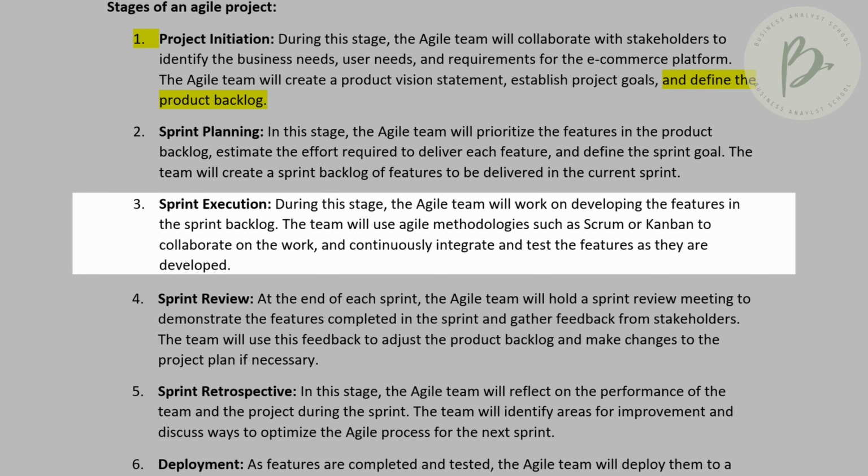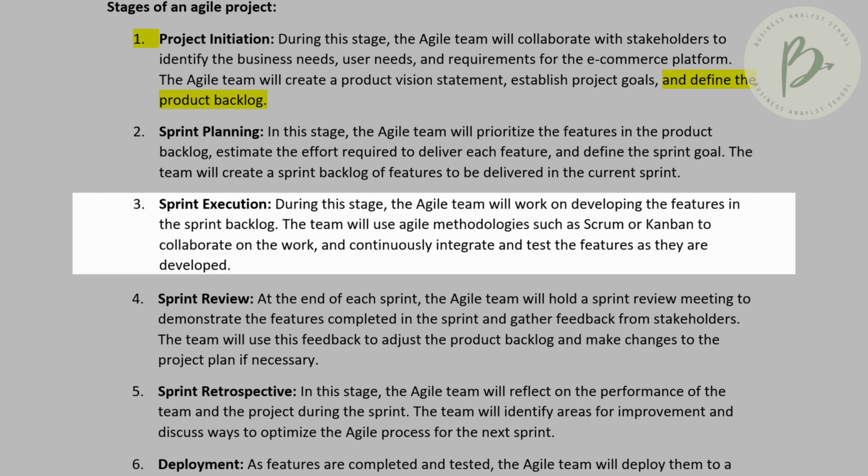The third stage is the sprint execution. In sprint execution, the Agile team will work on developing the features in the sprint backlog, okay? This is where the developers, the techie people, will now start to create and design these requirements. They will use Agile methodologies, whether it's Scrum, whether it's Kanban, whatever Agile methodology the team decides to adopt.